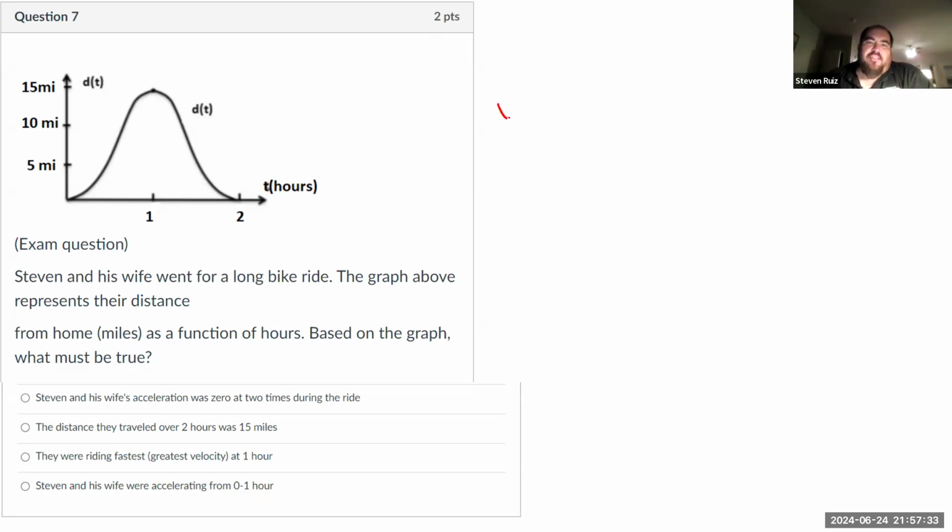I believe that velocity, or speed in this case, is the first derivative of distance. I believe that acceleration is the first derivative of velocity, which in turn is the second derivative of distance.